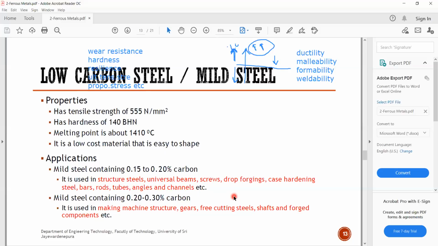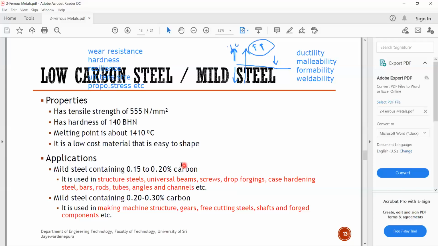So these particular steels are suitable for manufacturing structural steel parts, right? This is where you can mostly use low carbon steel. This kind of steel also shows good weldability, so you can use it in the welding process, right?